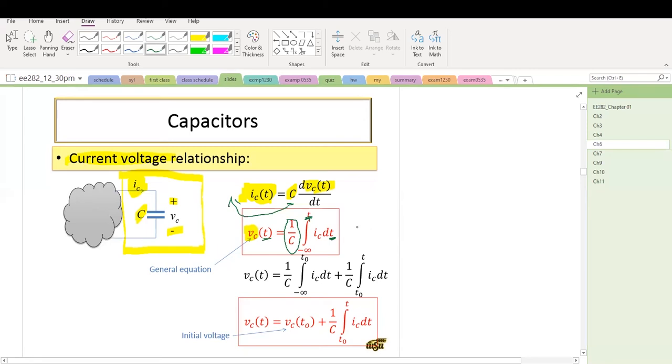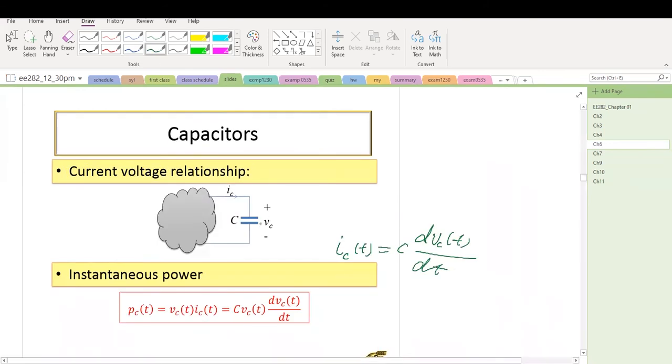Mathematically, it should be written as 1 over C, integral from minus infinity to t of i_C(u) du. u is the dummy variable for the integral. But without confusion, this notation is okay. If we have an initial state at t naught, then v_C(t) equals 1 over C times the integral from minus infinity to t naught plus the integral from t naught to t. Therefore, the voltage on the capacitor equals the initial voltage plus this integral.